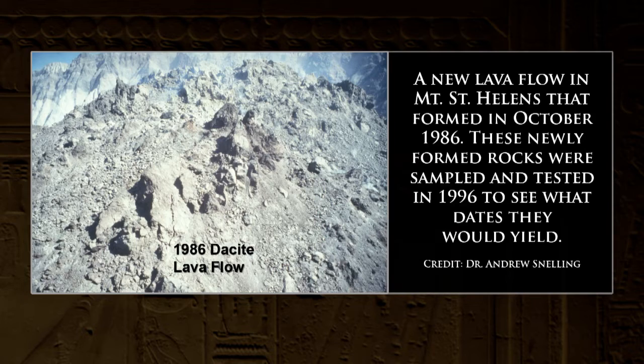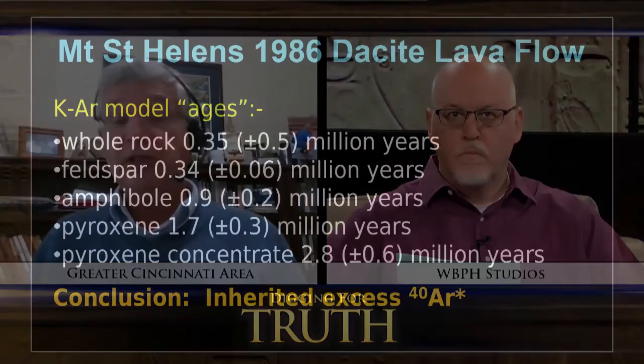And he also separated the different minerals in the rock and submitted them as well for potassium to argon dating. And the results came back up to 2.8 million years for a rock that we observed was only 10 years old. And so that illustrates the problem.